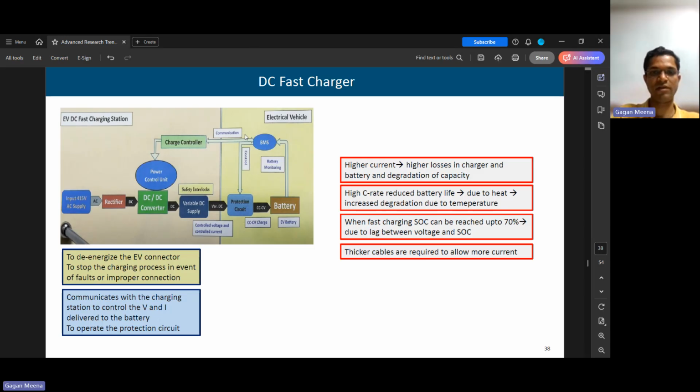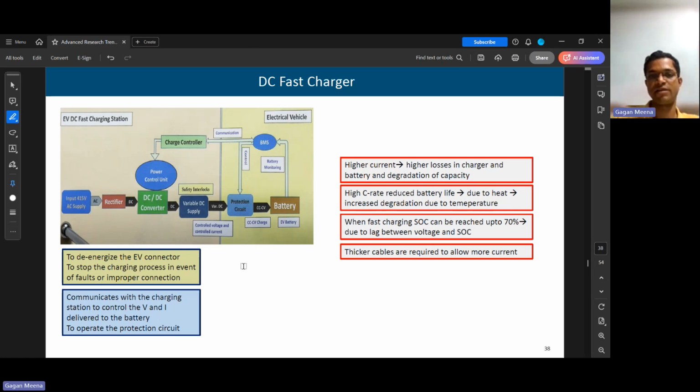Then the safety interlocks are used to de-energize the EV connector, and also to stop the charging process in the event of faults or improper connection. Then the BMS communicates with the charging station to control the voltage and current delivered to the battery, and it also operates the protection circuit.